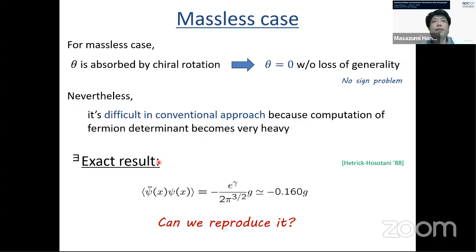But this regime, the massless case, can be accessed by the bosonization approach, and we have an exact analytical result. This is given by about minus 0.16 times the gauge coupling. So this case should give a nice test ground for our approach. So the question is, can we reproduce this number by our simulation?